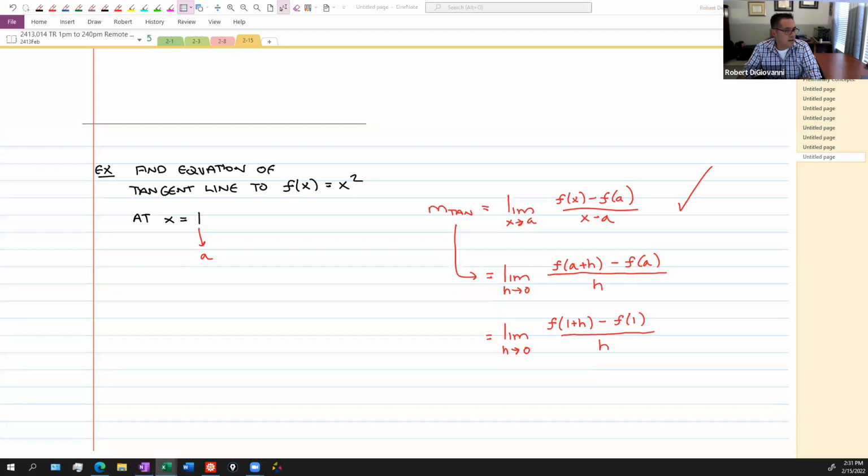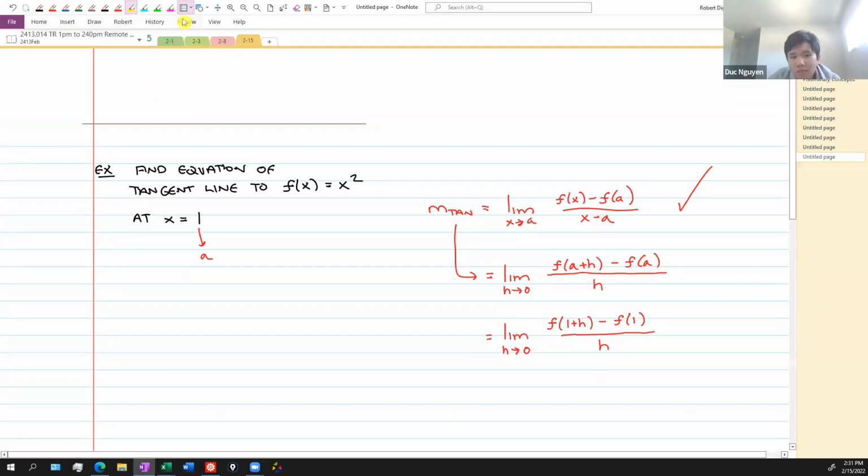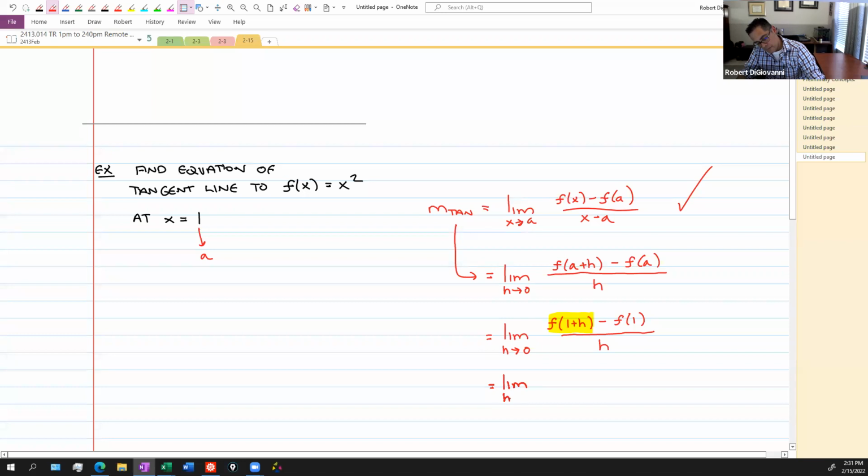All right, Duck, you there? Yes, I'm here. Okay, Duck, can you tell me what f of 1 plus h is? It would be 1, right? You're taking 1 plus h and you're plugging it into the function. So it'd become what?